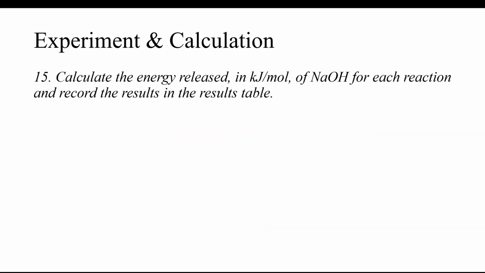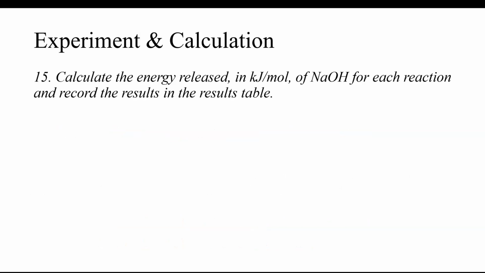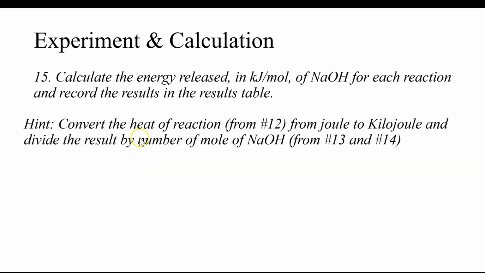Next, number 15. Calculate the energy released in kilojoule per mole of sodium hydroxide. First you have to convert the heat of reaction that you calculated in number 12 from joule to kilojoule, and then divide by the number of mole of sodium hydroxide.